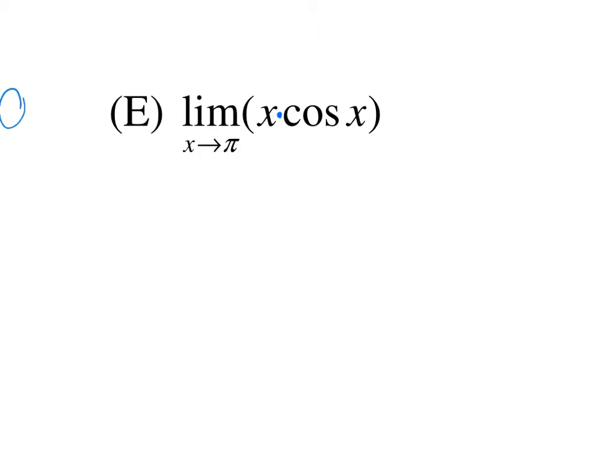Alright, the limit as x approaches pi of x times cosine x. I got negative pi. You got negative pi? Then you got the right thing. Good. Okay? Negative pi. These are both continuous for all real numbers, right? X is just a line. Cosine, its domain is all real numbers. So when you multiply them, it's still going to be all real numbers.